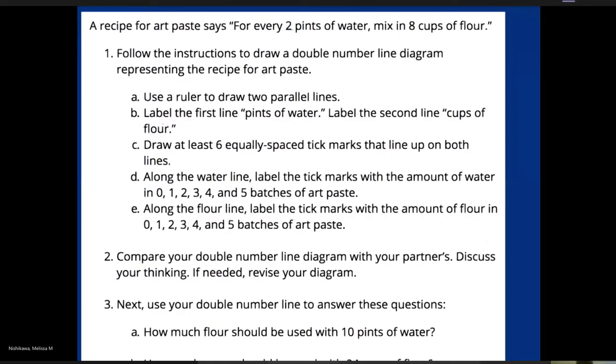So on your paper, if you don't have a ruler, you can use another straight edge. But you're going to draw 2 parallel lines. Then you're going to label the first line pints of water, and label the second line cups of flour.